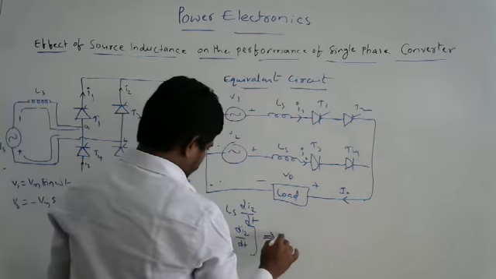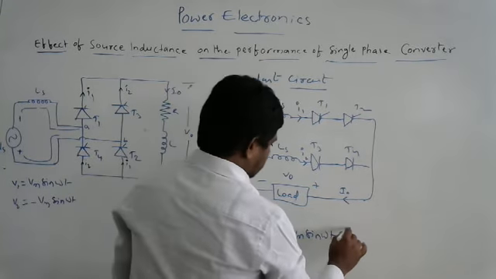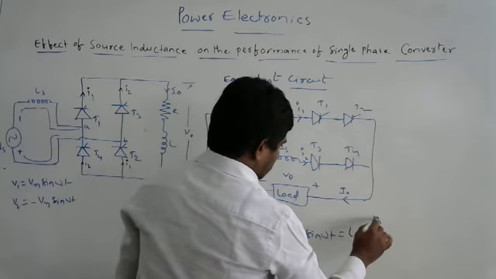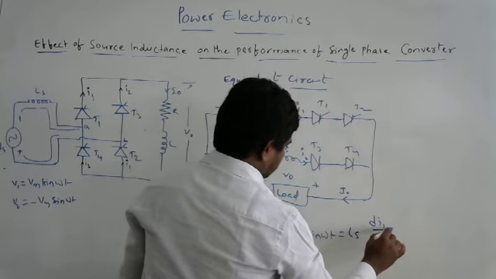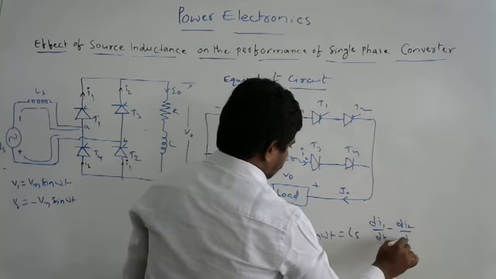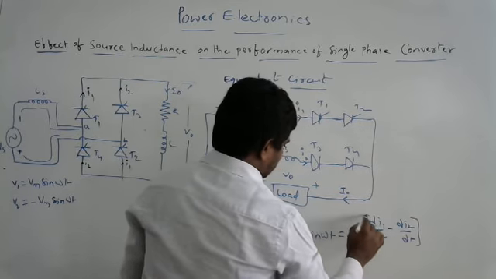2Vm sin omega t is equal to Ls times di1 upon dt minus di2 upon dt.